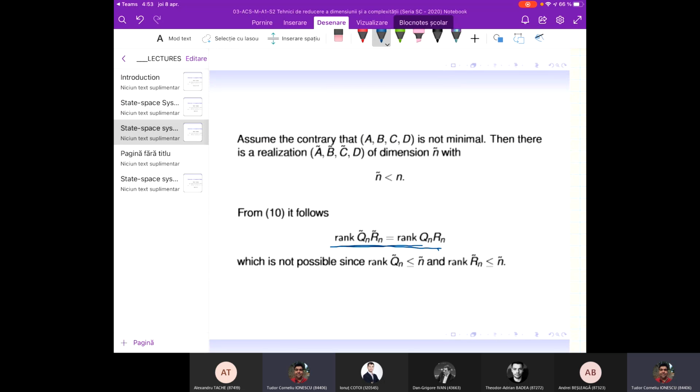But this is not possible, since the rank of Qn tilde is strictly smaller than n tilde and the rank of Rn tilde is strictly smaller than n tilde. This cannot happen. This is very easy.